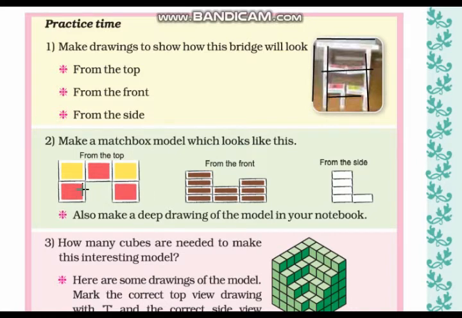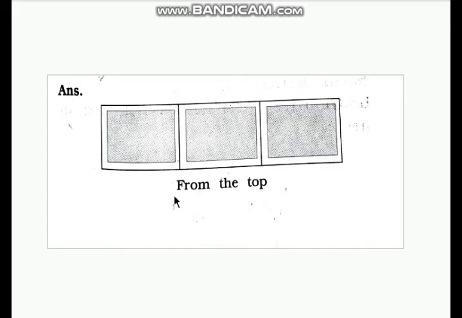So let us see how this bridge will look from the top, from the front and from the side. This bridge will look like this from the top, and make this type of drawing in your notebook. Now let us see how this bridge will look from the side and from the front.